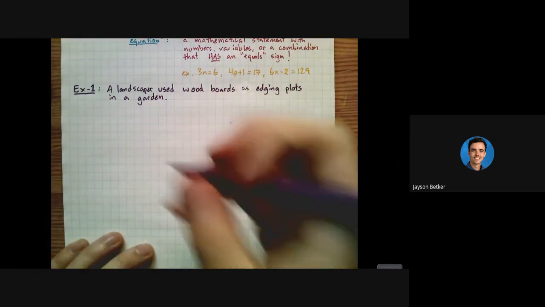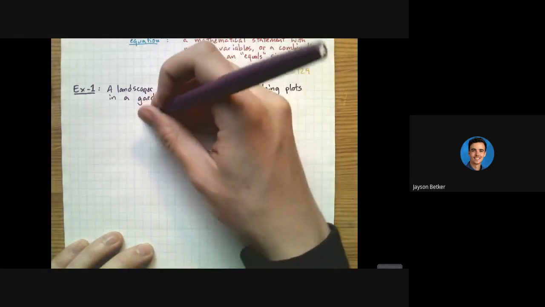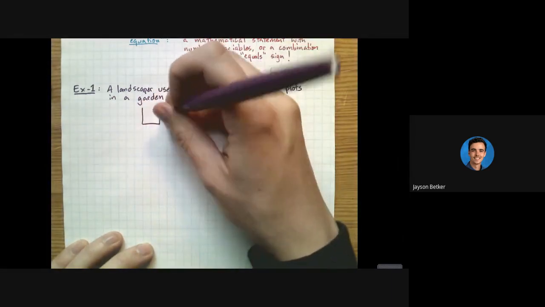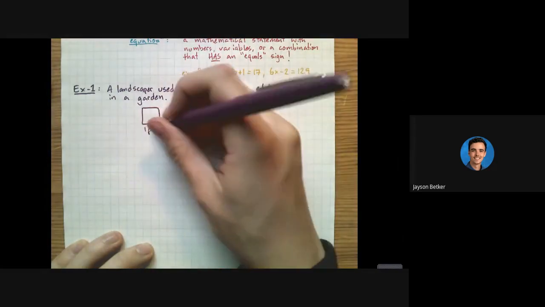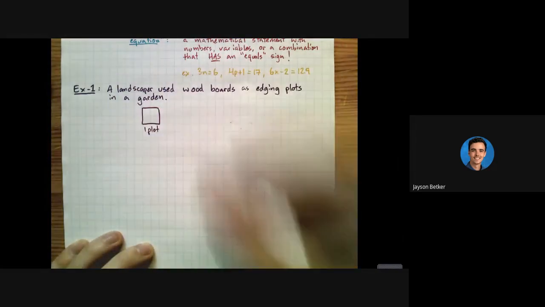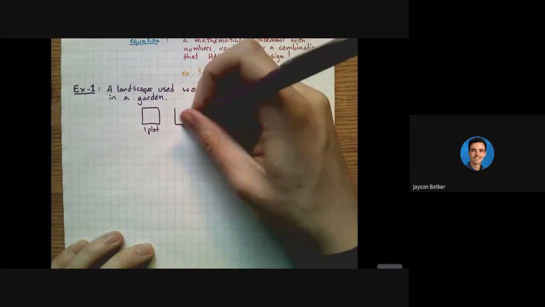So there's either one plot, which would look like this, or it could have been 2 plots, which could look like this.